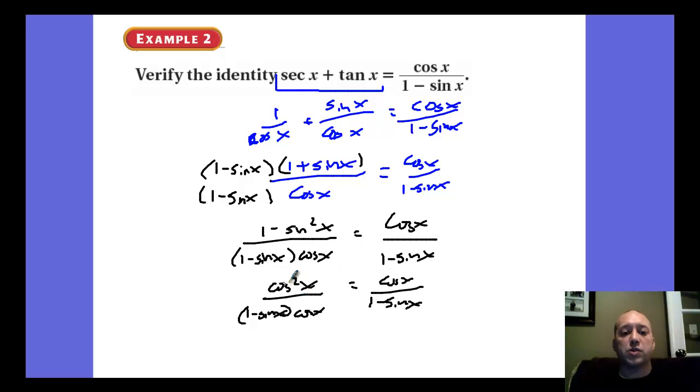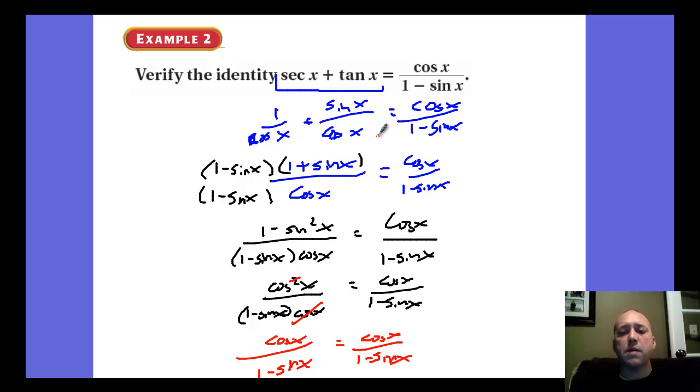So now I have this cosine squared x on top and a cosine x on bottom, so that cosine x on the bottom is going to reduce out with one of these on top. So then we get cosine x over 1 minus sine x, which is what we're needing to get to.